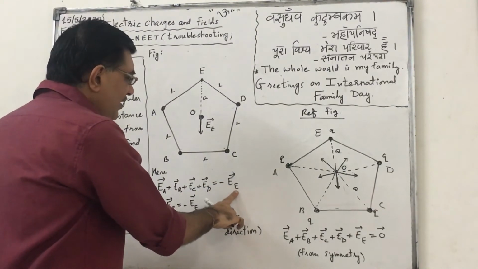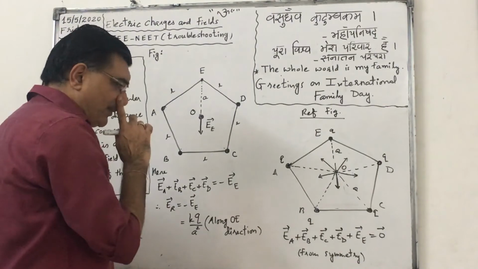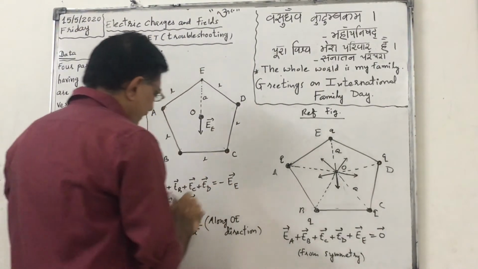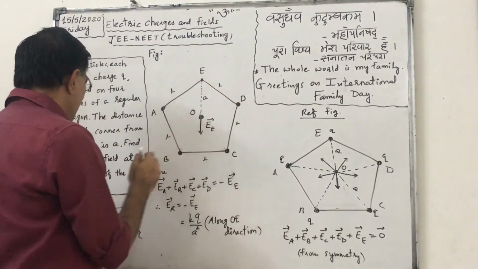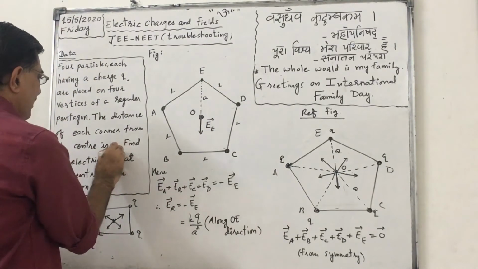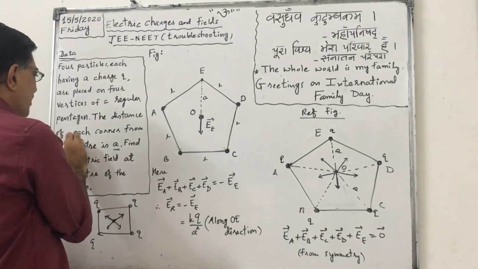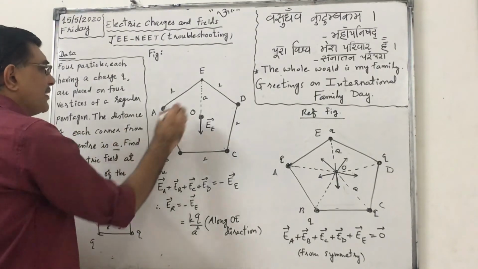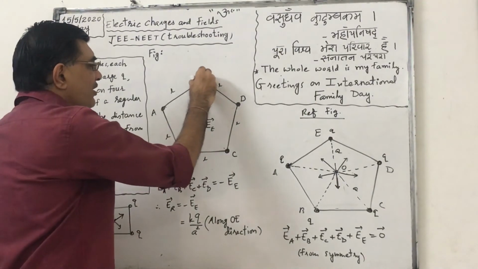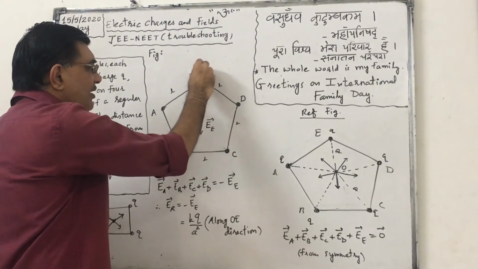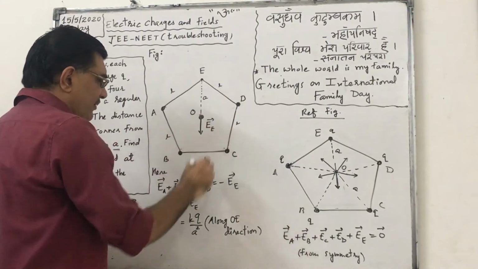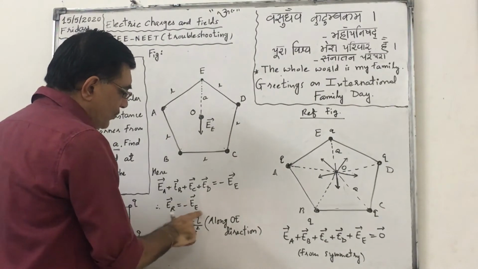But what is EE? That is the electric field intensity due to E, which was Kq upon the distance they have given as a. The distance from each corner to the center is a. So if I put a unit positive charge here, due to E, the electric field intensity will be equal to Kq upon a square.